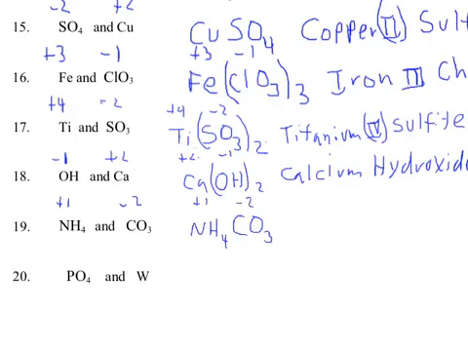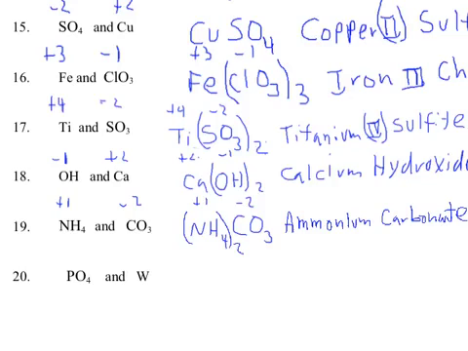And we do what we always do. We're going to put 2 of these and 1 of these. So I need to wrap this in parentheses and say I need 2 of them. And it's called, I hope I have room, ammonium carbonate. Alright, I think I'm getting better at writing, don't you think?